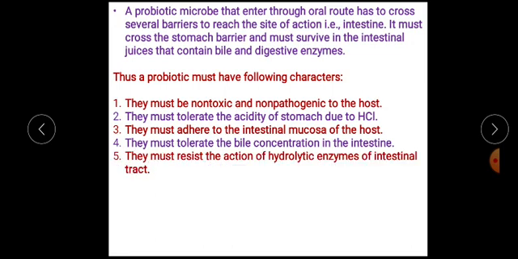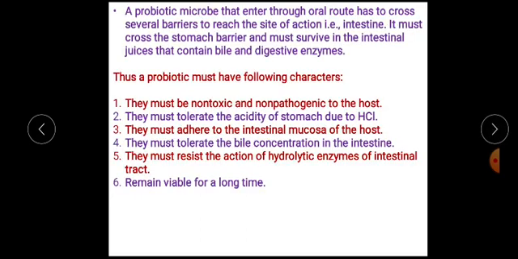They must resist the action of hydrolytic enzymes of the intestinal tract. Several amylases, proteases, lipases, nucleases, these different types of hydrolytic enzymes are present in intestinal juices. These probiotic microorganisms must survive in the presence of these digestive enzymes. They should remain viable for a long period of time. All these are the characteristics of a good probiotic microorganism.